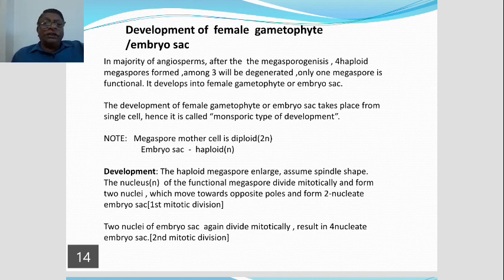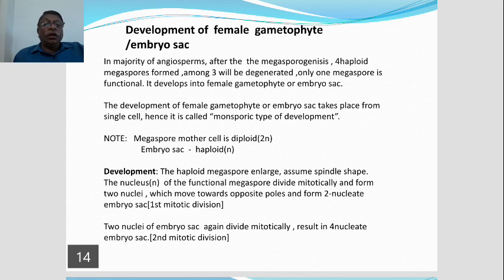The nucleus, that is haploid nucleus of the functional megaspore, divides mitotically and forms 2 nuclei. These 2 nuclei move towards opposite poles and thus form 2 nucleate embryo sac or female gametophyte. It is the first mitotic division.